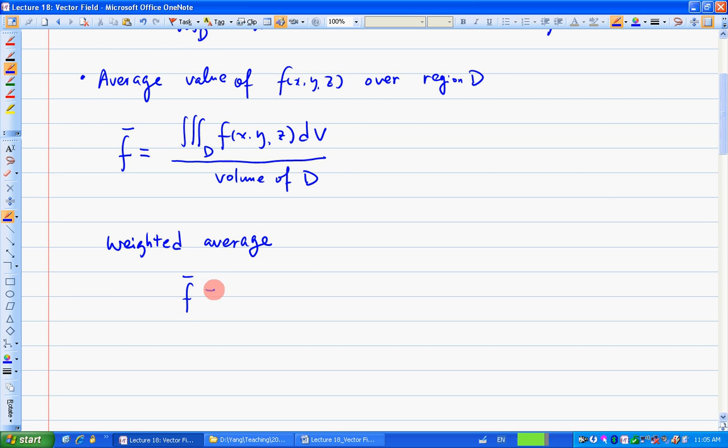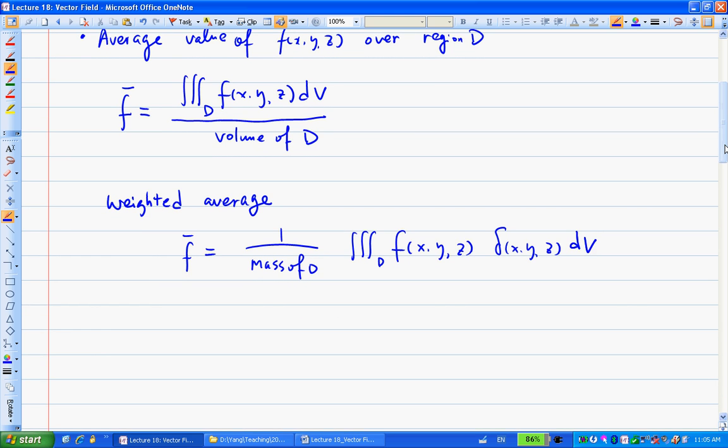So this f here, instead of dividing by volume, you divide by the mass of D. And the triple integral is not just simply integrating the function f anymore. You weight it with another function, say, a function representing the density here. That's the so-called weighted average.